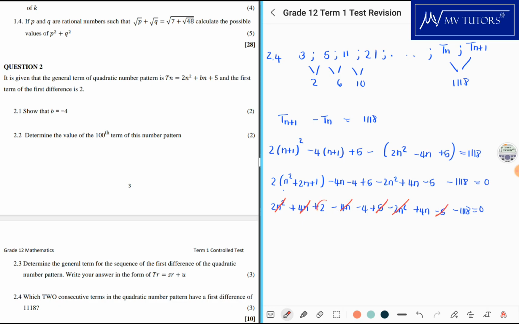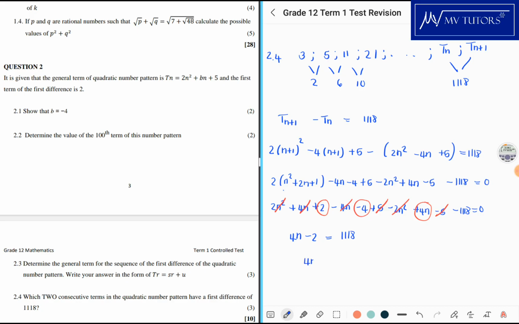So basically, I'm left with 2 minus 4, and then I have 4n. Maybe I should have left the 1118 to the other side. So 2 minus 4, that is minus 2. So basically, I have 4n minus 2. I'm going to take that 1118 to the other side. And then we have 1118. I hope I didn't miss anything.